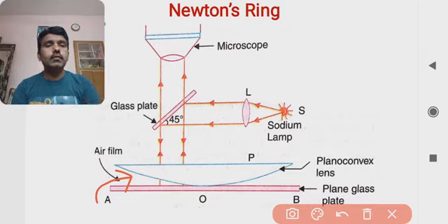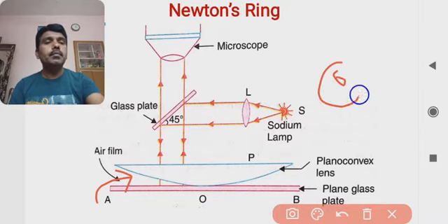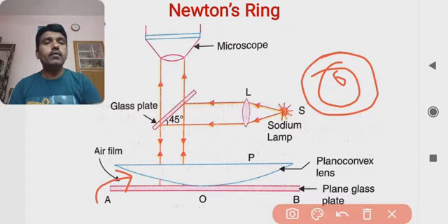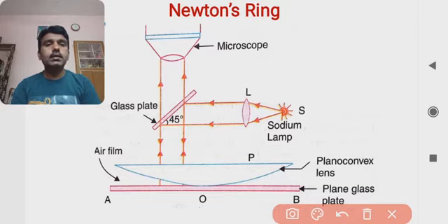Due to this air film, the reflected rays and the incident rays have a path difference, and due to this path difference, the superposition of these light rays will form Newton's rings, with dark and bright fringes. So this is the simple setup for Newton's ring.